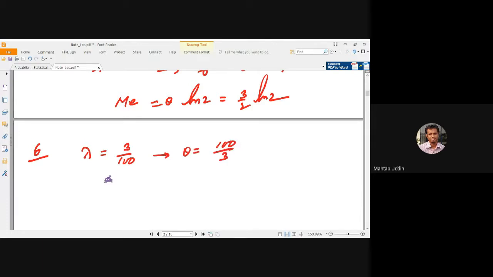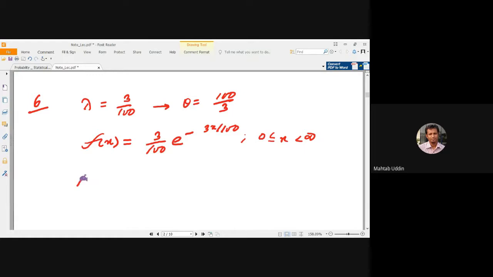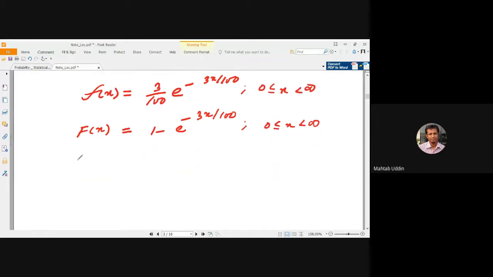Then f(x) is 1 by theta, so 3 by 100, e to the power minus x by theta, minus 3x by 100, for 0 less than or equal to x less than infinity. Then F(x) as well is 1 minus e to the power minus 3x by 100 within the same domain. Then according to the question, we have to move at least 40 feet.